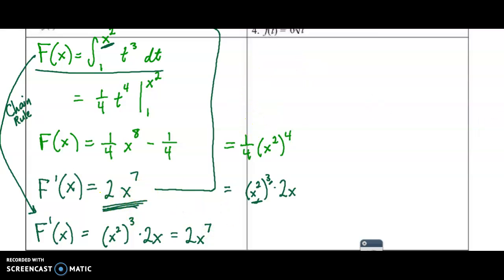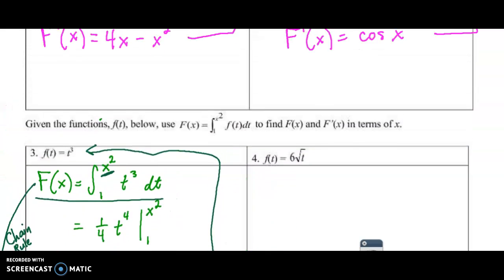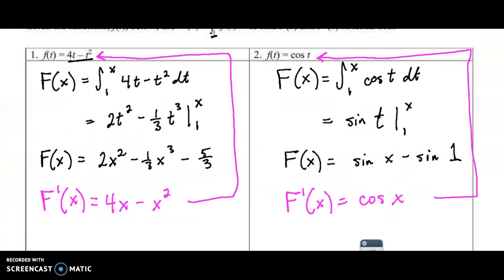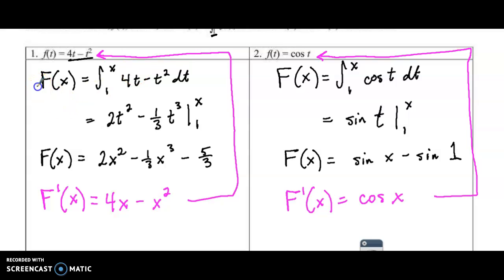So before I move on to the 4th problem, let me point out that you didn't have to do that from here to here. Notice that all I had to do is plug in my x's in for t's, and that's because the derivative of x is just 1. So if I were to take this problem and multiply by 1, it doesn't change the value of anything.